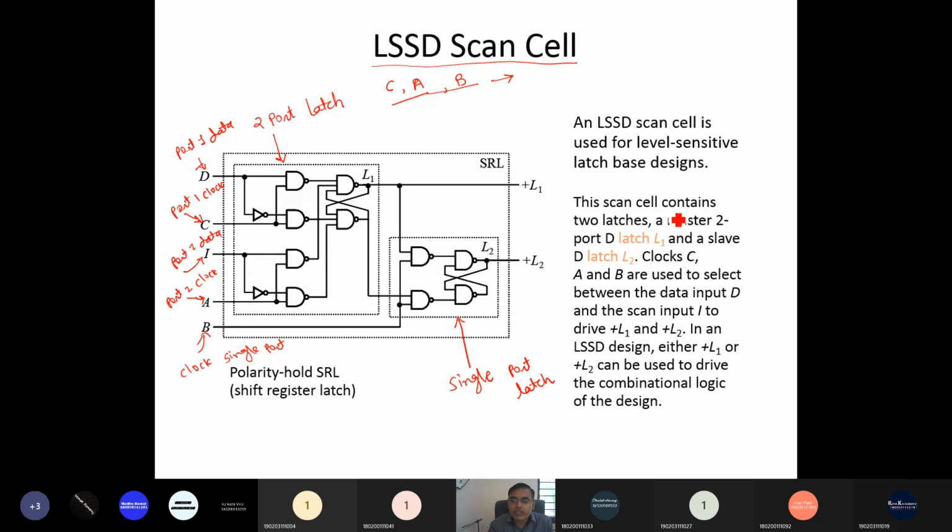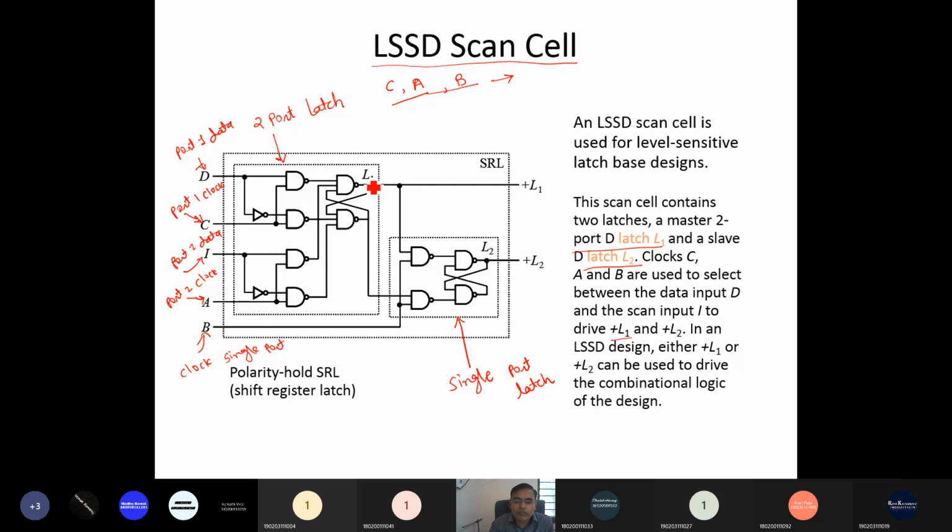This cell contains the two latches, a master two port D latch L1, and the slave D latch L2. C, A and B are used as clocks to select the data D, I, and the L1.